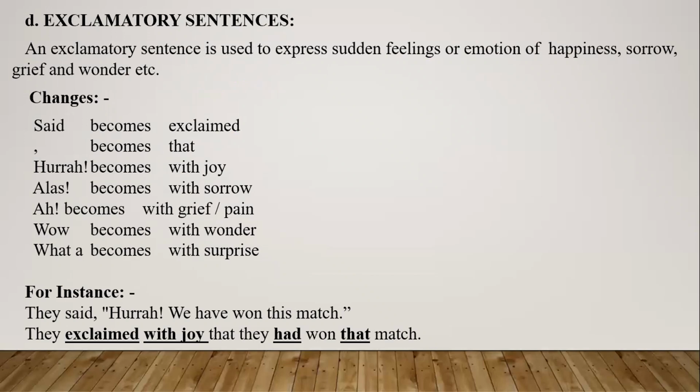Said becomes exclaimed, comma becomes that. Hooray, bravo, and such expressions become with joy. You can use with joy, with happiness, with gladness. You can also say joyfully, happily, gladly. Alas, oh, becomes with sorrow.